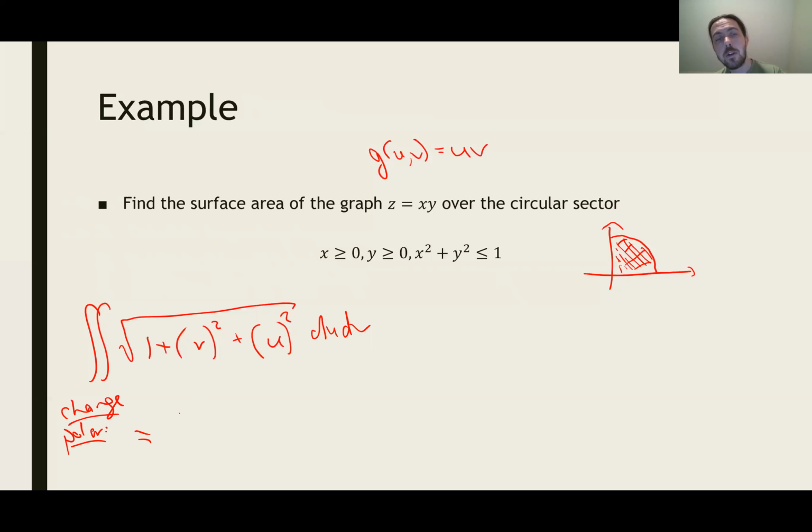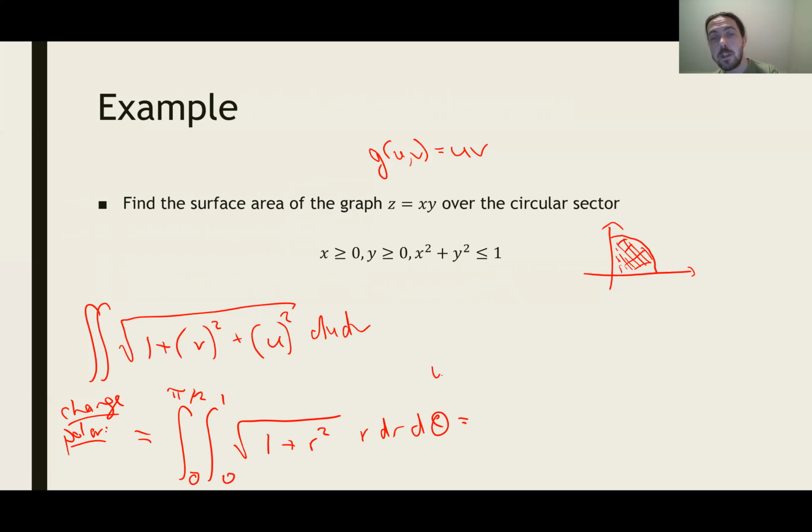To change to polar coordinates, this turns into the double integral of the square root of 1 plus r squared times r dr d theta. Our radius goes from 0 to 1, and our theta coordinate goes from 0 to, like we were saying, pi over 2. And now, this integral is doable on the inside because we can do a substitution.